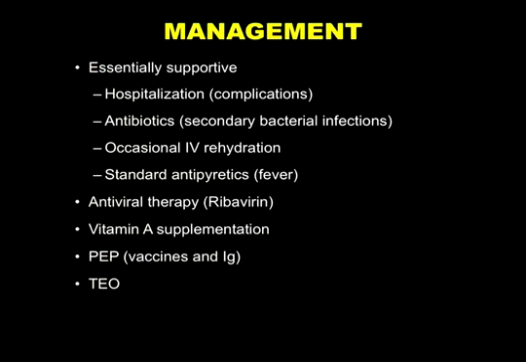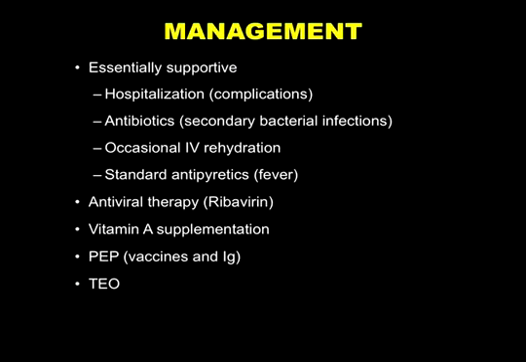Briefly about the management, it's essentially supportive, really. And you have to hospitalize all the patients who are presenting with signs of the complications that you have seen there. And you have to give them antibiotics because measles is immune suppressive, first of all, but it also causes tissue destruction, especially the mucosal lining. So you're going to get secondary bacterial infection.